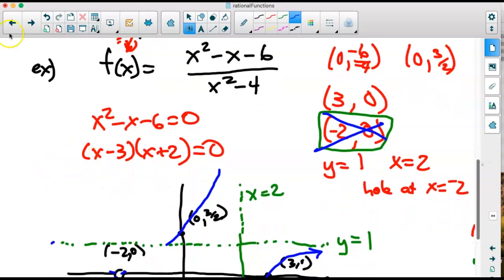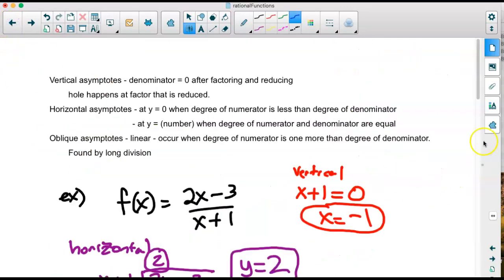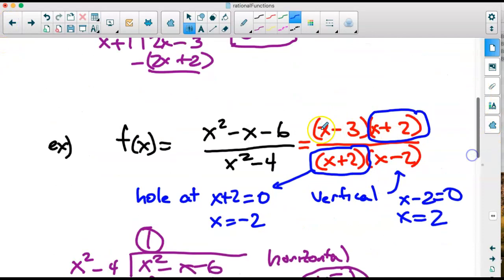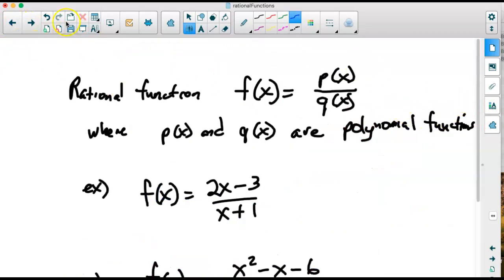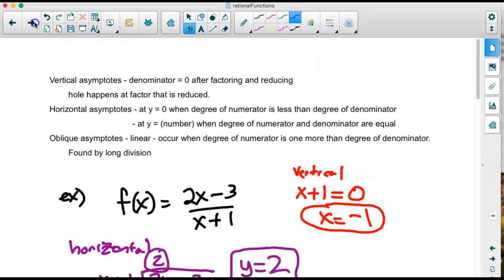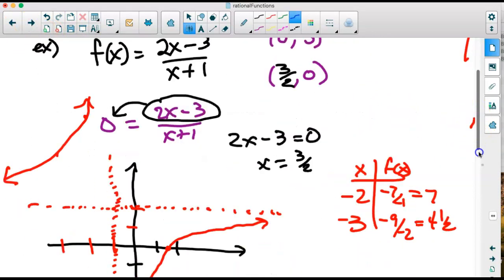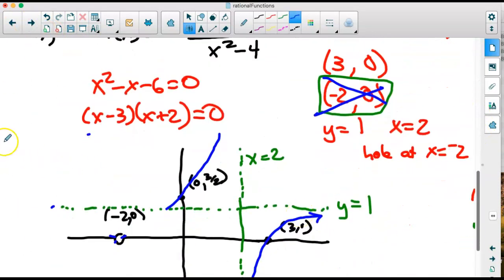If we reduce it, we get x minus 3 over x minus 2. So that's what the function actually looks like. If I'd reduced this function, I wouldn't be so confused here. So that's just what it reduces to.